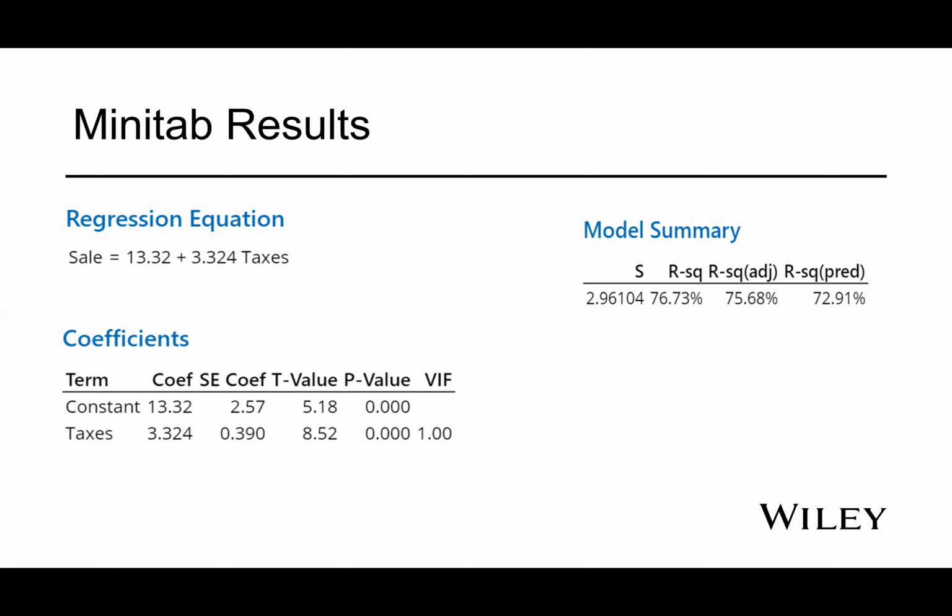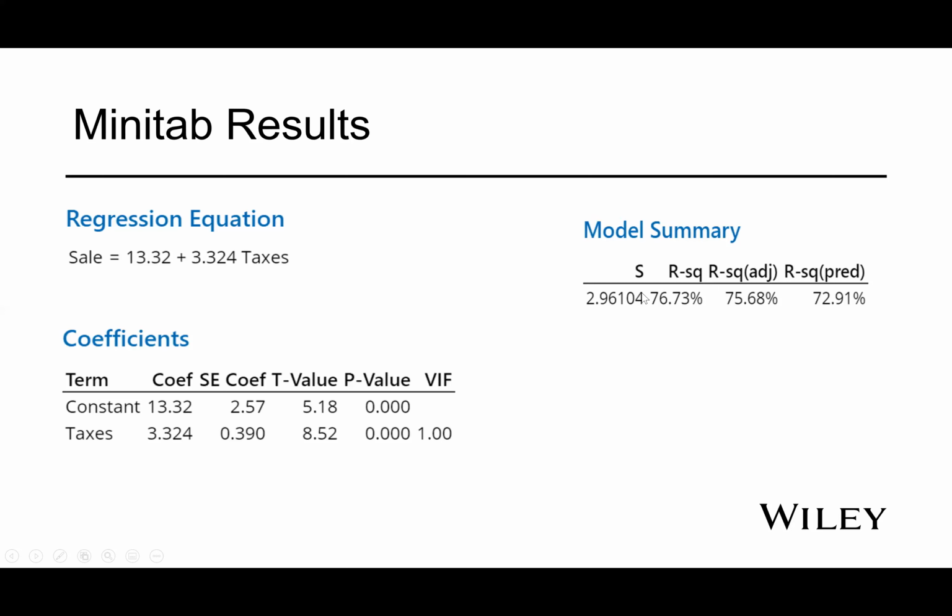Because remember, this is a relationship of the sum of the squares of the residuals. So that difference between what the model thinks should happen and what the data says happened. And that relationship of those residuals tells us how good is this model at fitting all the data based on our sample. So 76.73, I'll take it.